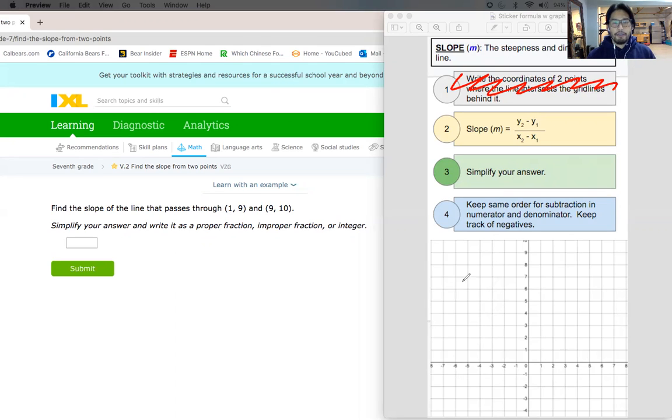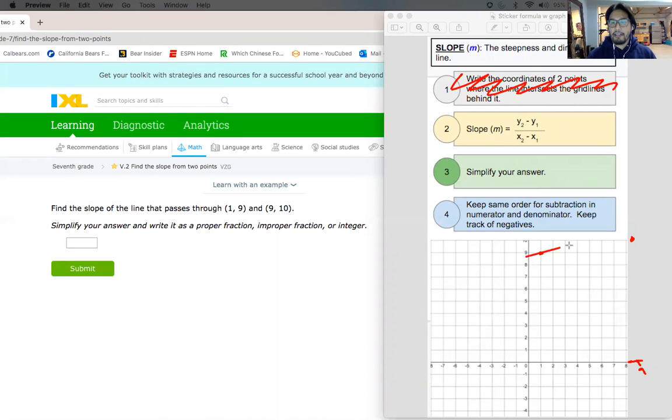But the first point is (1, 9). That's up here on my little graph. And then the next point is (9, 10). So my graph ends right there. So let's just say there's a 9 there and then there's a 10 up there. All right, so we have those 2 points in red. And you can see that there is a little line that will go right through them, right?